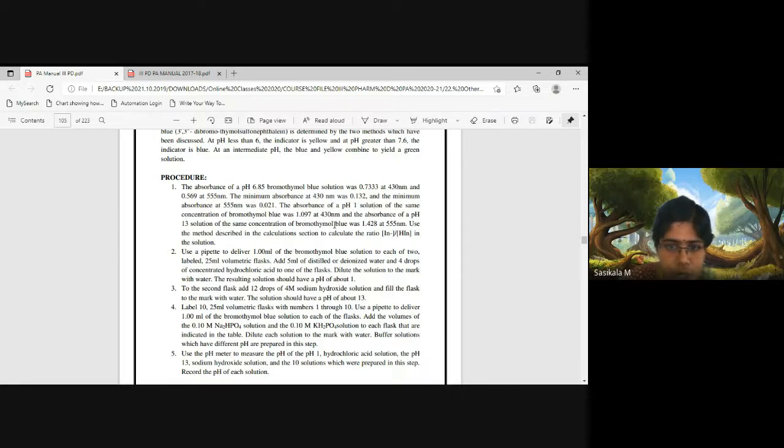The first solution value is 1.097 at 430 nanometer. pH 1 is acidic pH, so acidic pH is giving absorbance at 430 nanometer. What about basic pH? At pH 13, bromothymol blue is giving 1.428 as absorbance at 555 nanometer. Then based on these values, we need to find out the other solution values also.